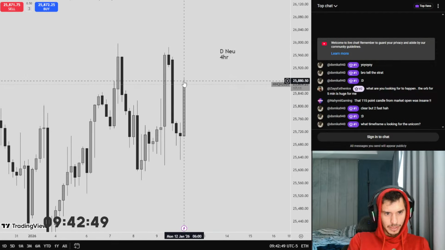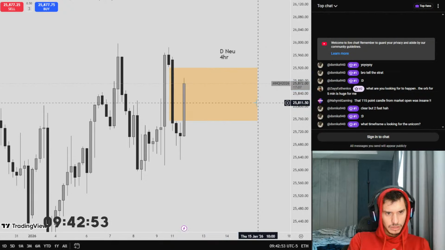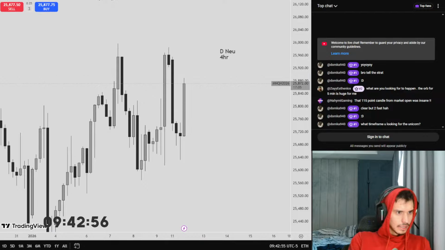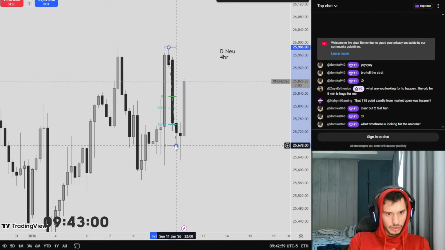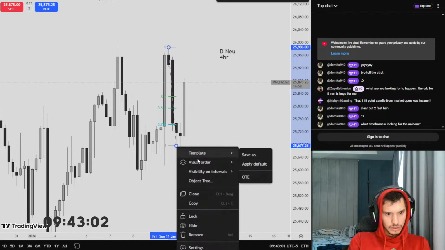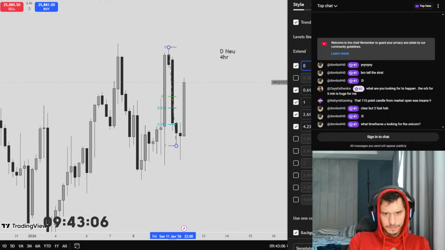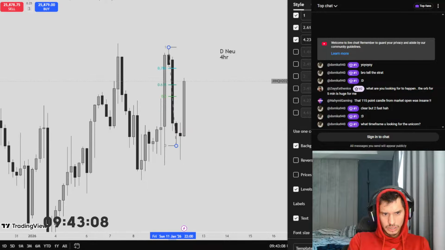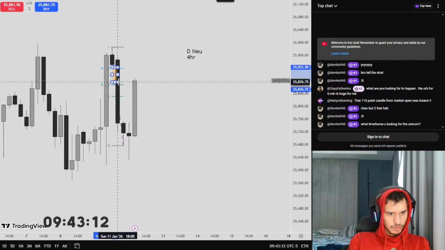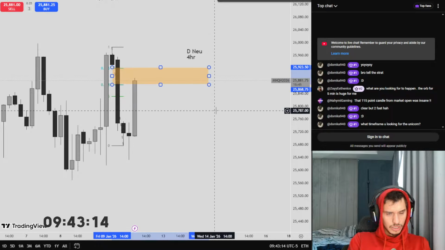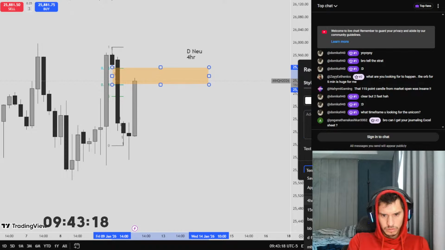We're trading off this massive bearish gap. We can even grab our fib tool from the high to the low of the gap. Let me just reverse this. Yep. Coming into the OTE of the gap, which I'm gonna leave marked out.